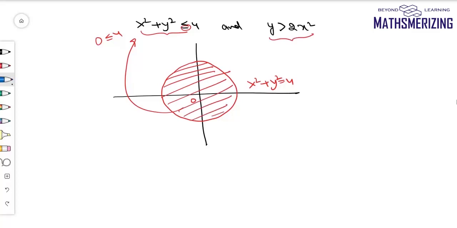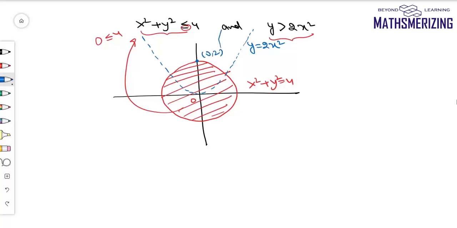Now I'll draw this parabola, and because there is no equality sign, I'll draw a dotted parabola. That means points on the curve won't be included. So I've drawn the graph of y equals 2x square with a dotted line. Now I'll take any point. I cannot take the origin because it lies on this parabola, so I'll choose another point, maybe this point, which is 0, 2.